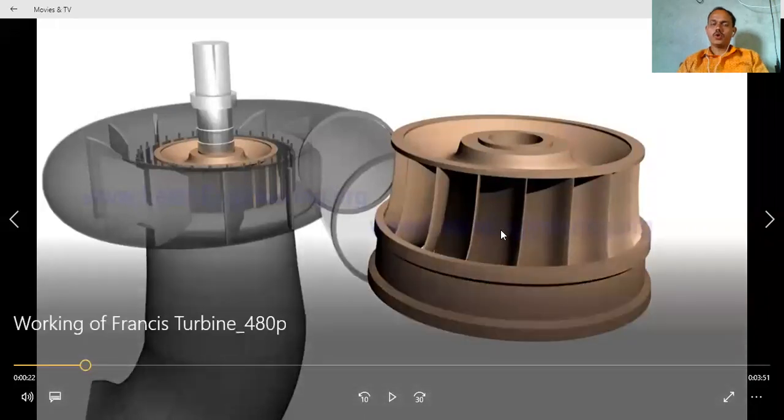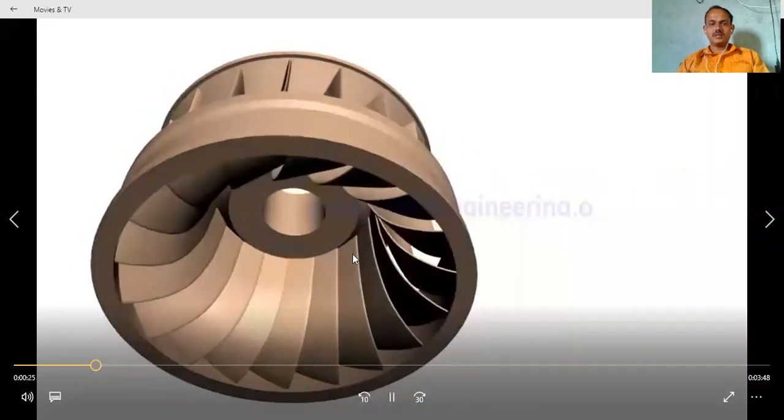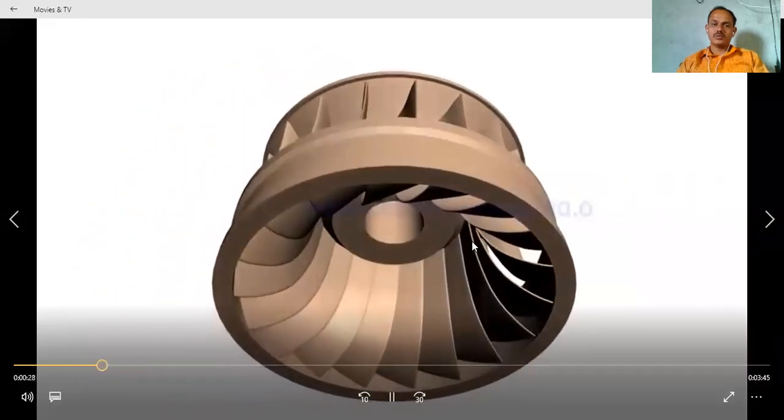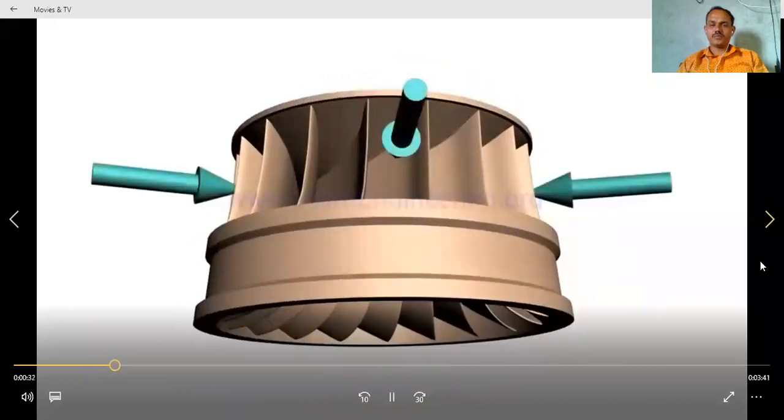Okay. So if you observe here, these are the vanes. The water flows radially from the vane. And looking from the bottom, it looks like this, and at the middle a hole is provided.